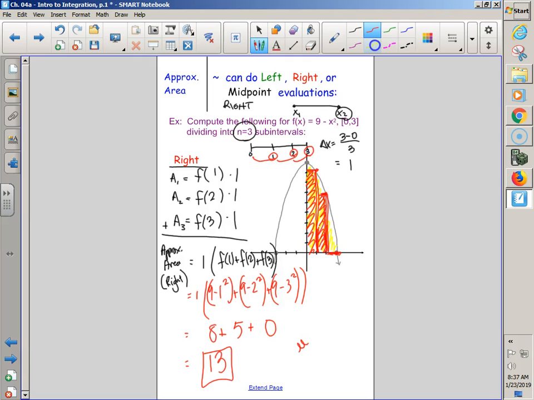Guys, why am I going to call this an under approximation? Yeah, partially the last part of the curve's not even there, and even if there was a rectangle, what's true about each of these? Because of the concave down nature, when you hit on the right, aren't you automatically always going to be under?